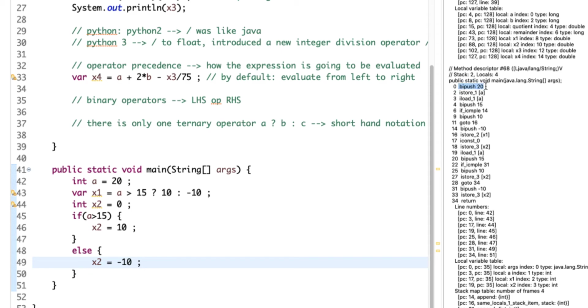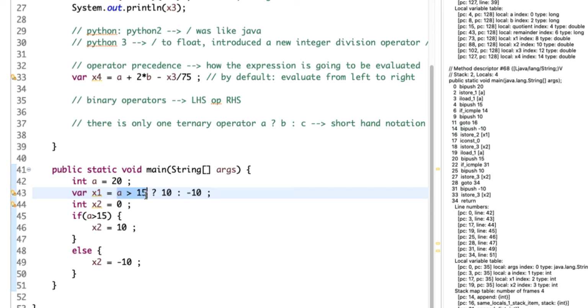20 is a literal. We push it onto a stack, and then we store it in the A reference, and then load it, and then we push 15. These are literals, so they have to be loaded into the stack of the virtual machine so that the JVM knows what's going on, right? So if integer compare, less than or equal, goes to line 14, which pushes minus 10.